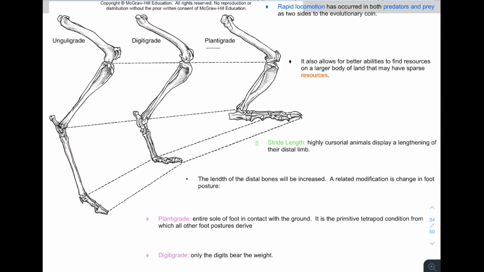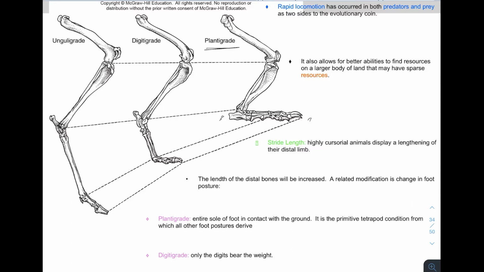One is the plantigrade way of doing it, which you as a human are familiar with because you are plantigrade. That's where the entire foot basically makes contact with the ground, right? So all the way from, let's say, your heel to your toes, you're making contact with the ground.